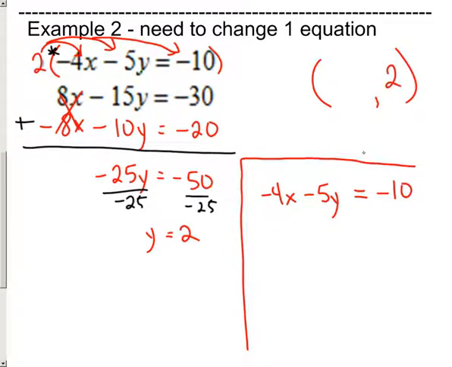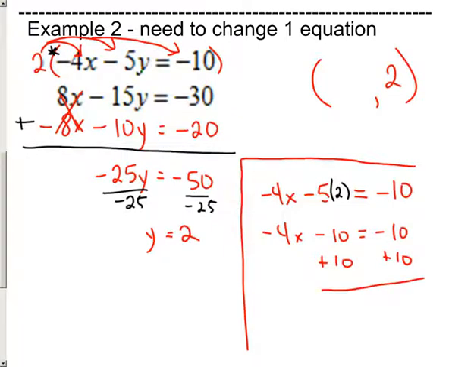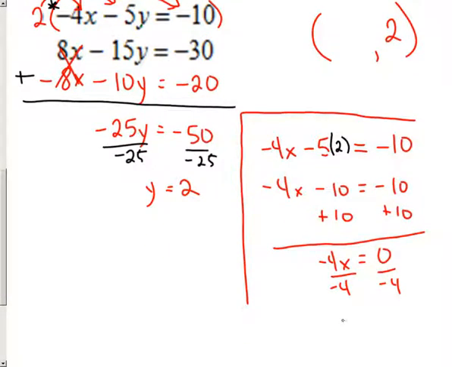Well, our y is 2, so this y needs to be positive 2, and it's multiplying it. Now, this is not 0x, so we still need to go through and divide both sides by negative 4, and so x would equal 0.